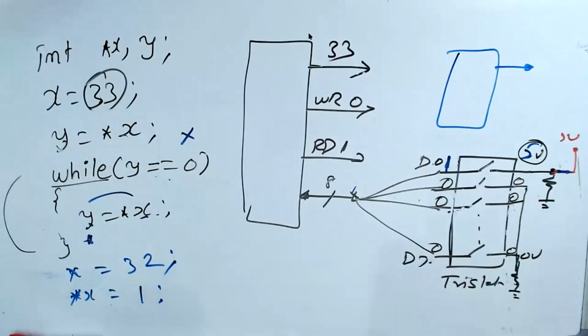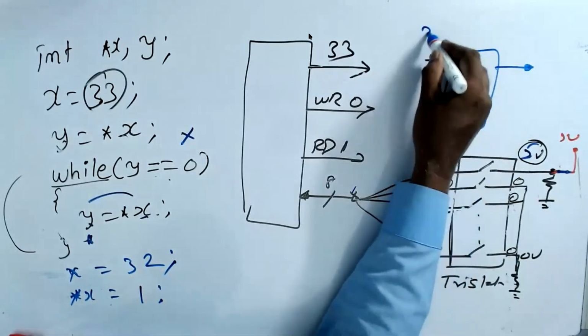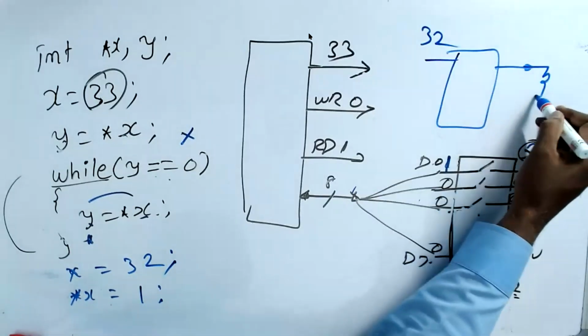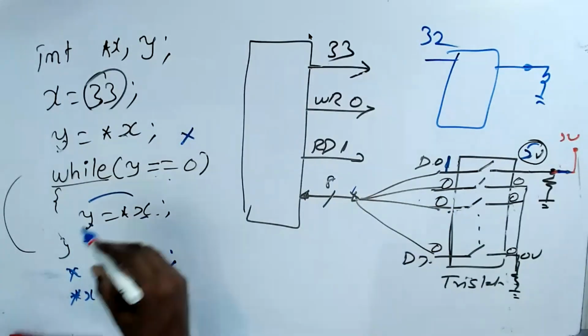Understand? This will be 32. This will control the bulb. That means normally the bulb will be off.